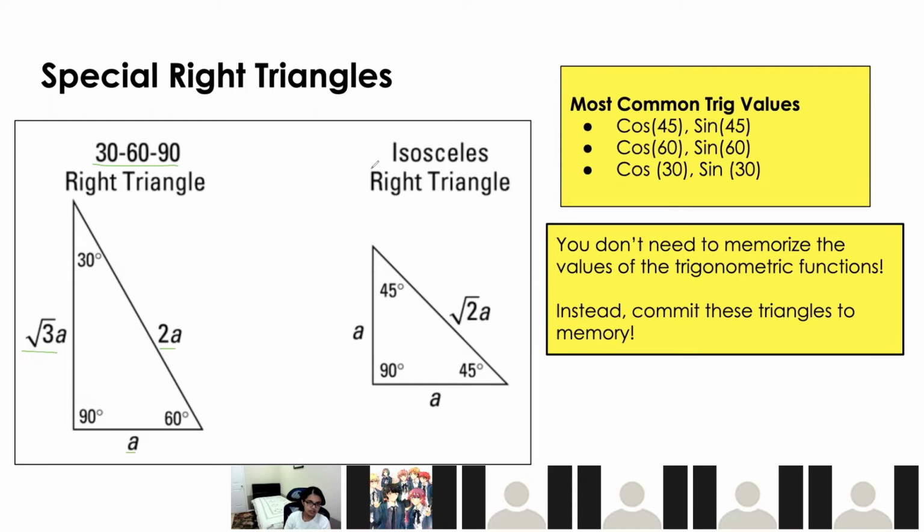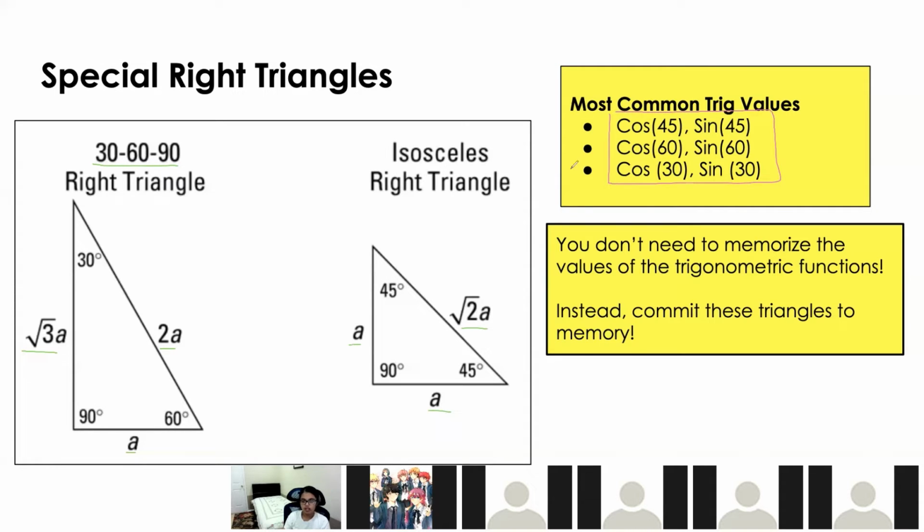And then the isosceles right triangle, it's basically when we have a 45, 45, 90 triangle. This is isosceles, obviously. Two angles are the same. So this will be the ratio of our sides here. And actually, you should definitely remember these. It's very, very important. So using these, we can find the values of these functions over here.